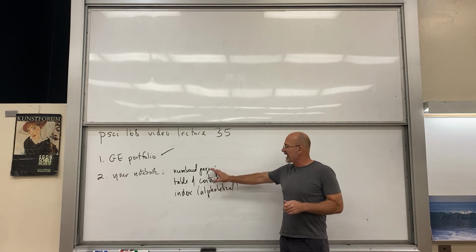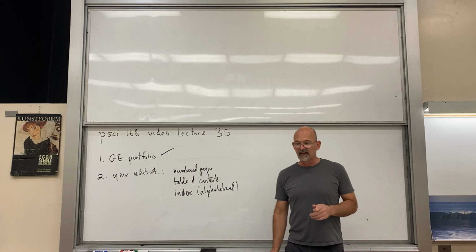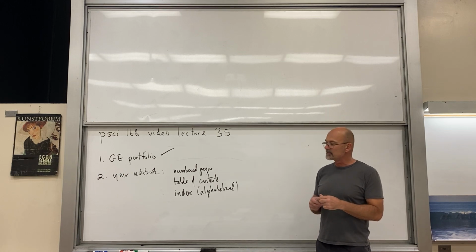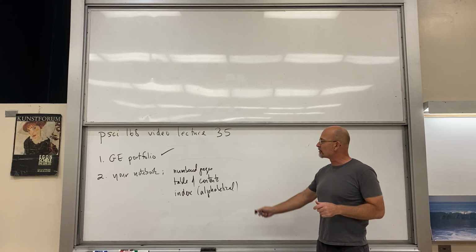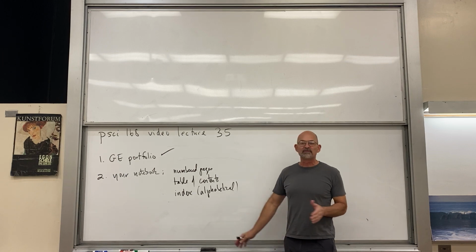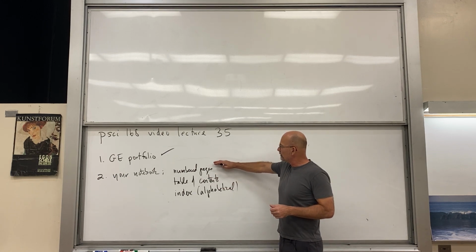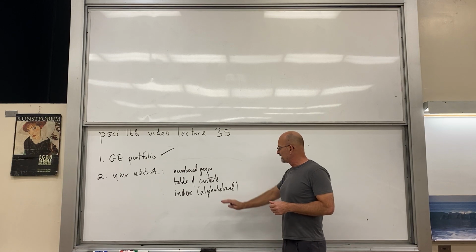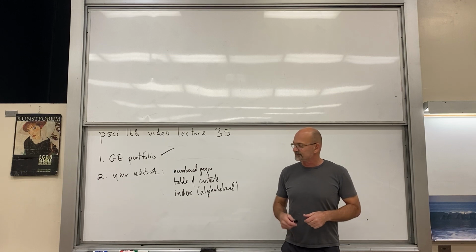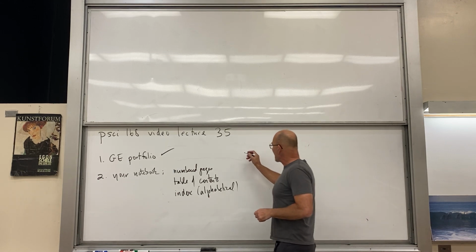An alphabetical list with the page numbers on it. And then you'll really have a useful object there. So that's our plan. I wasn't sure if I had mentioned that before this semester or not, but that's what we want to do. We want to have numbered pages, a table of contents, and an index, and that'll be beautiful. Good, so much for that.